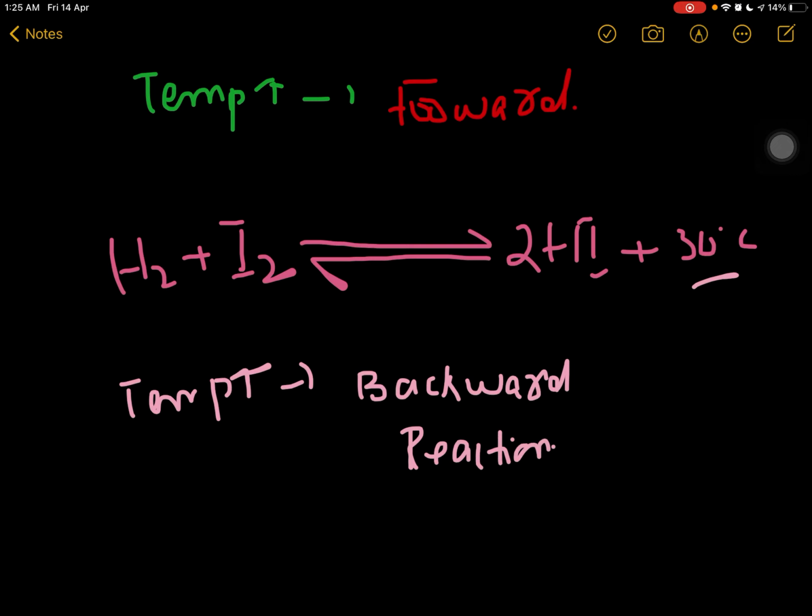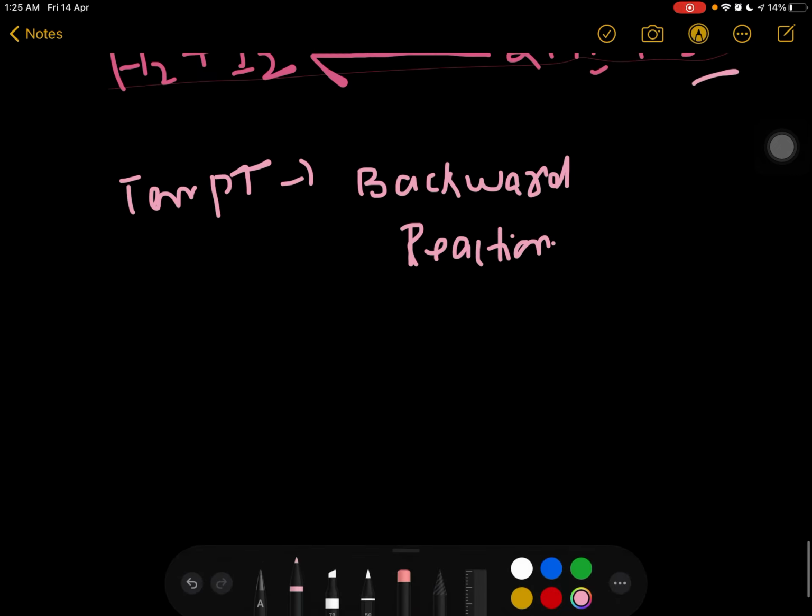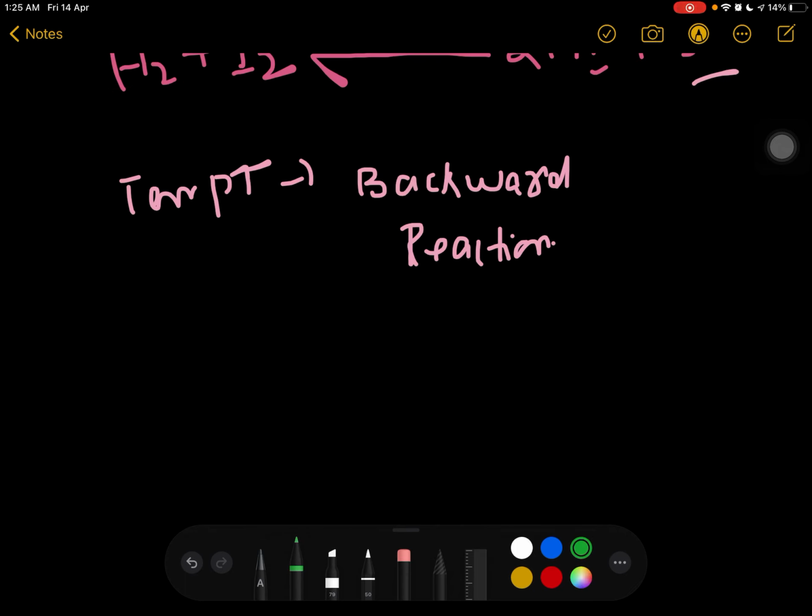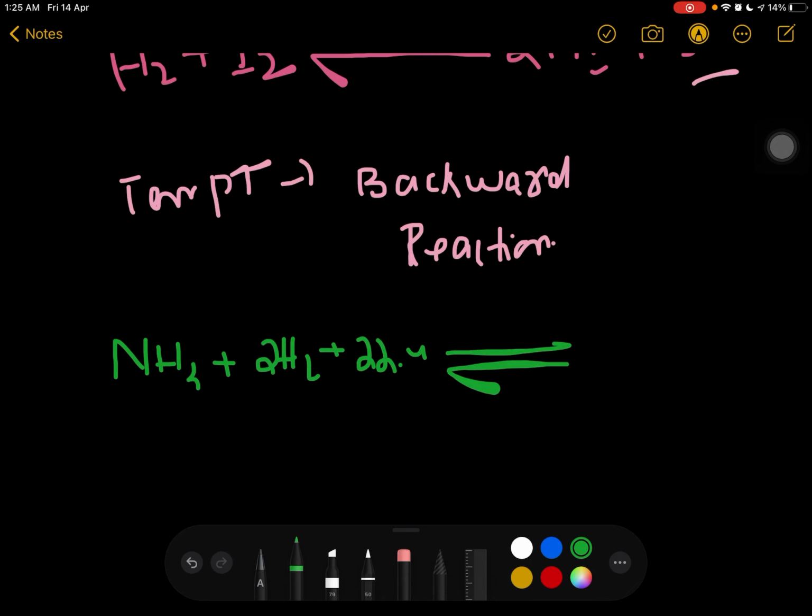Consider another reversible reaction: N2 plus 3H2 gives 2NH3 plus 22.4 kcal of heat, with formation of NH3.